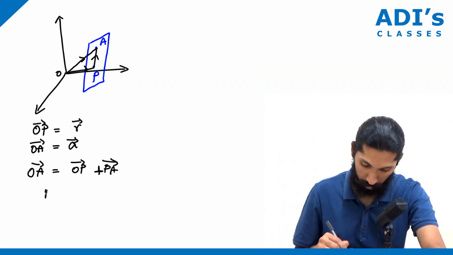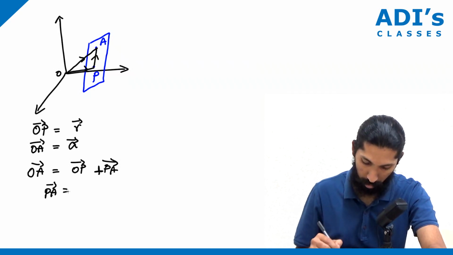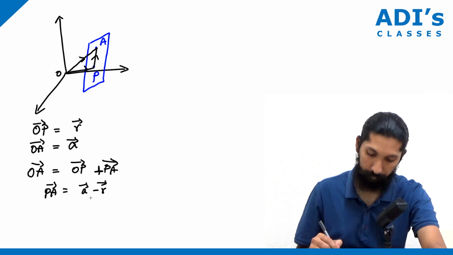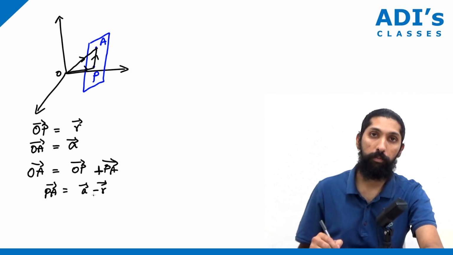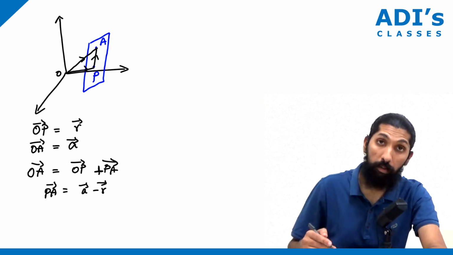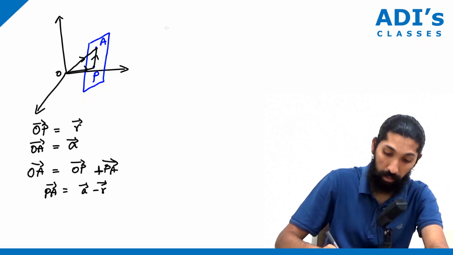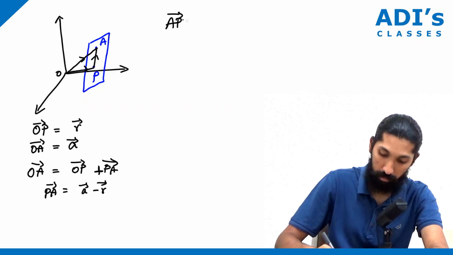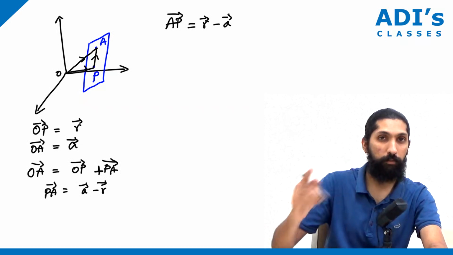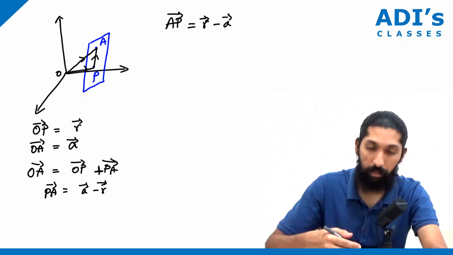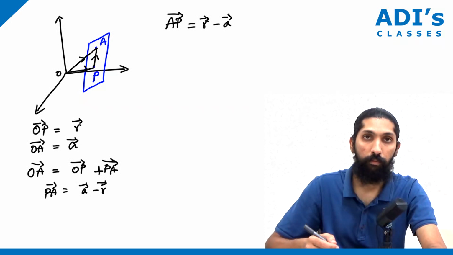PA is equal to A minus R. This is going to be the PA vector. The AP vector becomes R minus A, correct? Minus of A minus R gives R minus A. This is vector AP. Well and good.